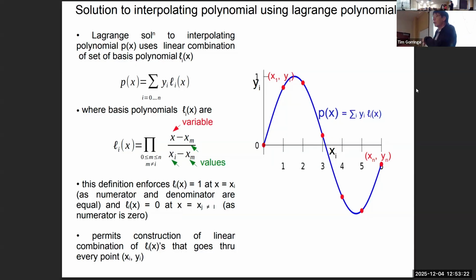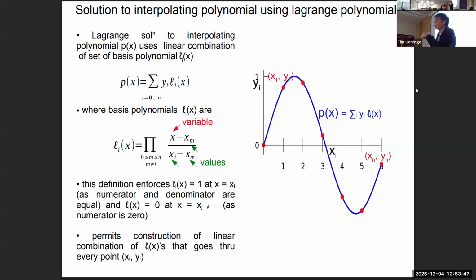Now, that allows you to construct, if you combine those polynomials, you make a summation of those polynomials, and you weight them by the values of y at the locations of each x. You can imagine that that curve will go smoothly through all the data points.